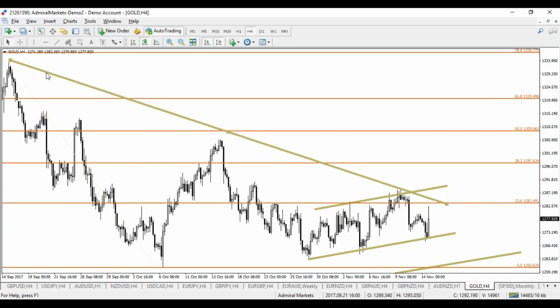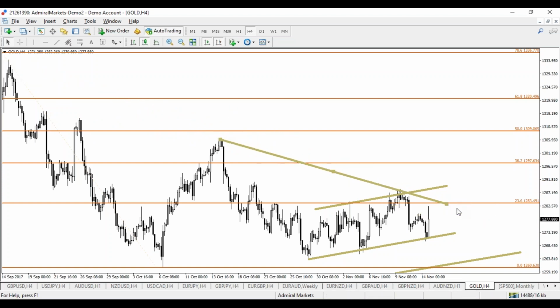I'll probably just leave this trend line like this. So that could be a breakout if price manages to get above here. Break, flag, continuation. But the flag here is very important, all right? And the break of the flag, because here we had a flag too, but it didn't break to the opposite side. In fact, it broke the flag to the downside and it made a bigger correction.